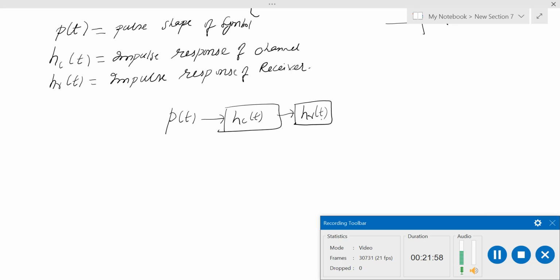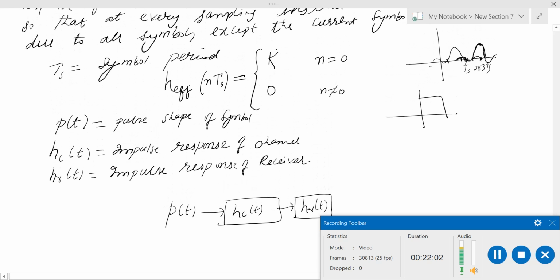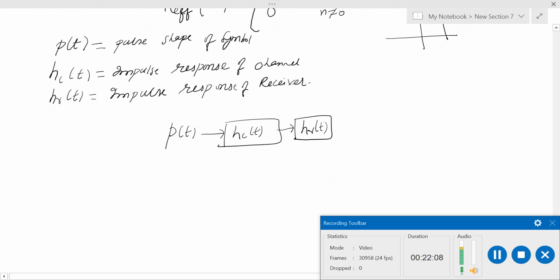And you want a condition, you have to look at this condition, that H effective at nTS should be equal to K only at n equal to 0. For this to happen, the effective channel response is as if you are also convolving delta of t with the pulse.